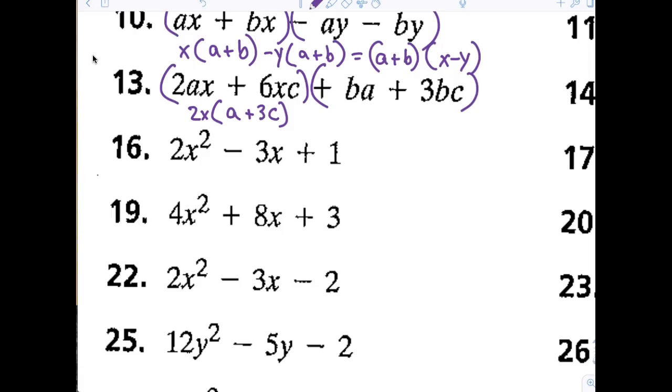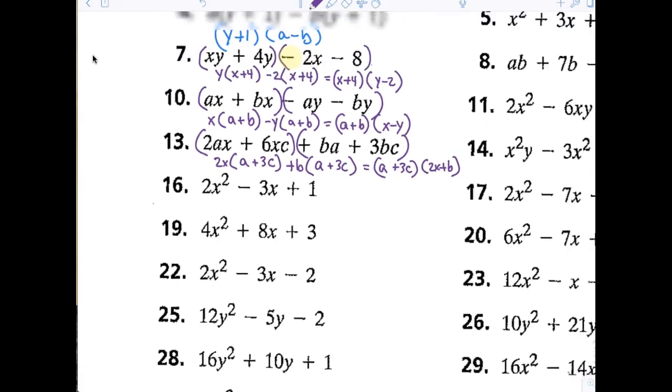Positive b. Thank you. What's left behind? A plus 3c. And so final answer there? A plus 3c times 2x plus b. Everybody agreeing with that? That's not bad.